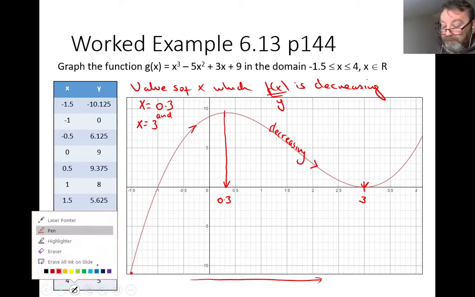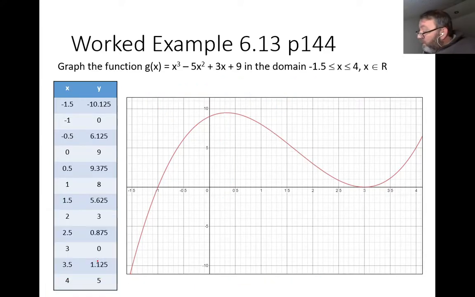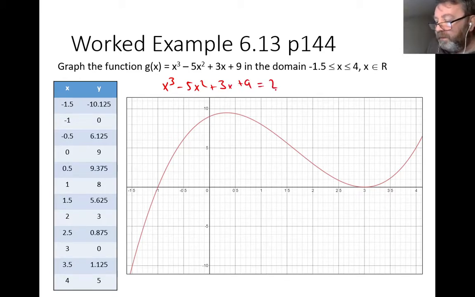Okay. Part 5. The solution of x cubed minus 5x squared plus 3x plus 9 equals 2. Here's the first thing I want you to notice, because it is a little easier than it looks. If you take a look at the left-hand side of what they've just given you in the question, isn't it exactly the same as the function that I've just been using?